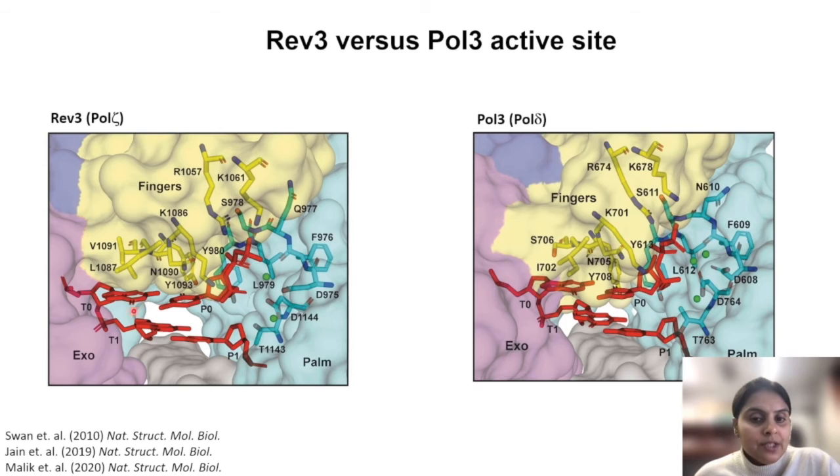However, the situation at the T1 site would be quite different in case of Rev3. So T1 is a site where the lesion would come and sit in once a base has been inserted by a Y family polymerase.